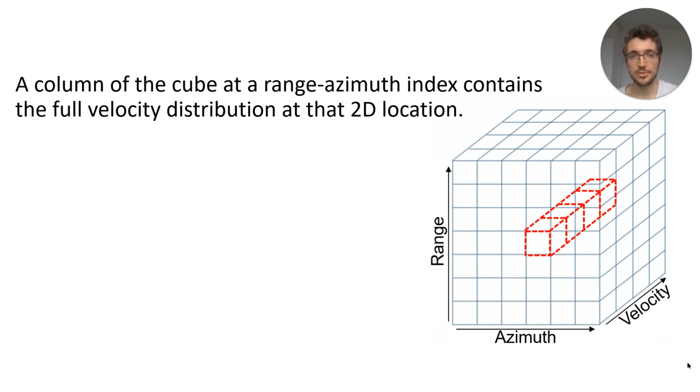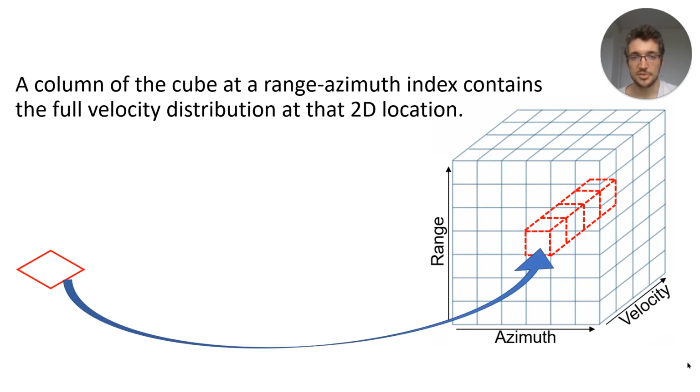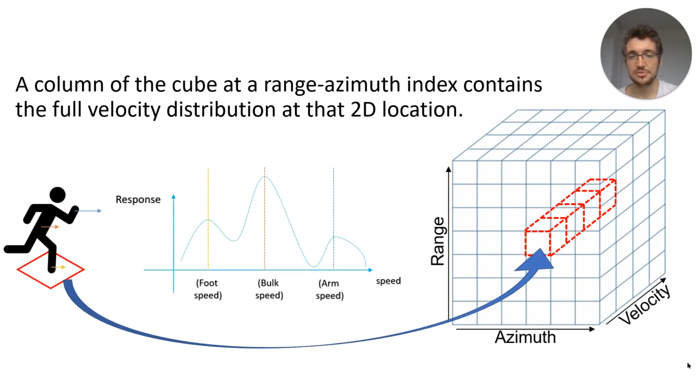Let me give you an example. Let's take a range azimuth cell, and let's assume there is a pedestrian in it. This pedestrian is not only moving with a single velocity, but also has a slightly slower foot speed and a slightly faster arm speed as it swings behind his or her body.